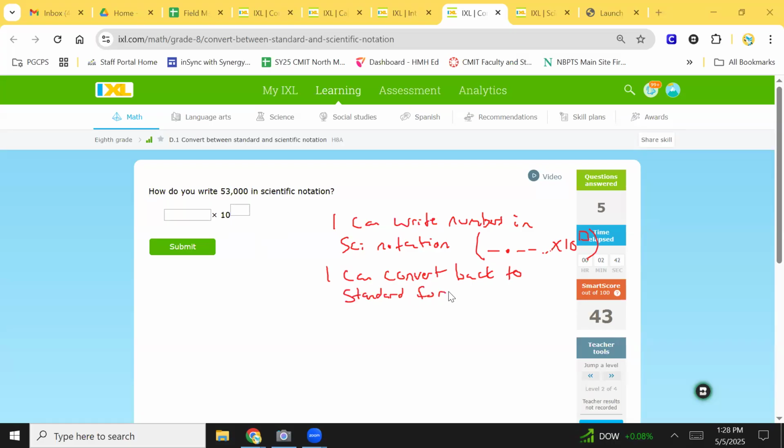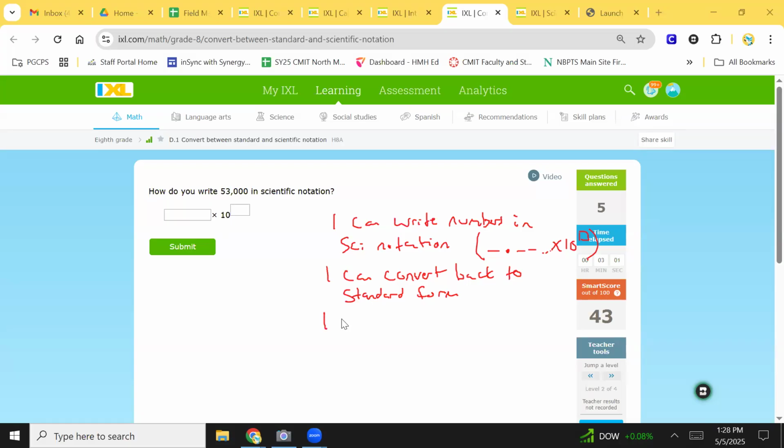If you're having trouble, make sure you state what it's about, right? You can take standard form and go to scientific notation. You can take scientific notation, go back to standard form, and then there's two types of scientific notation, right?